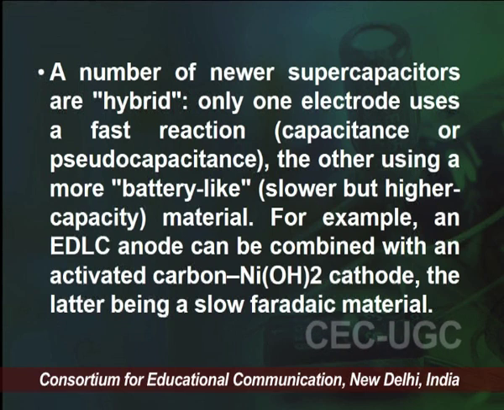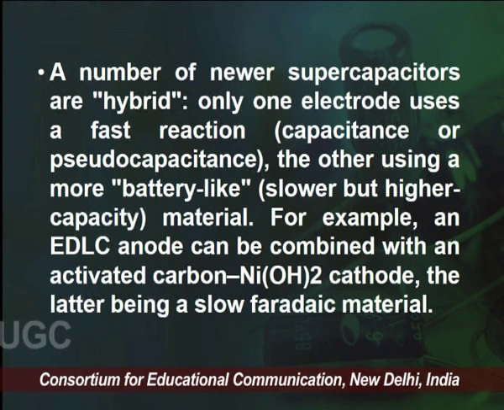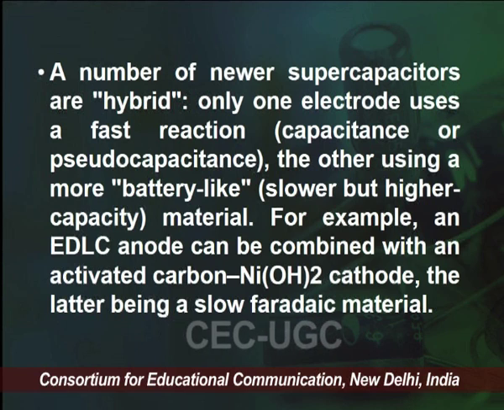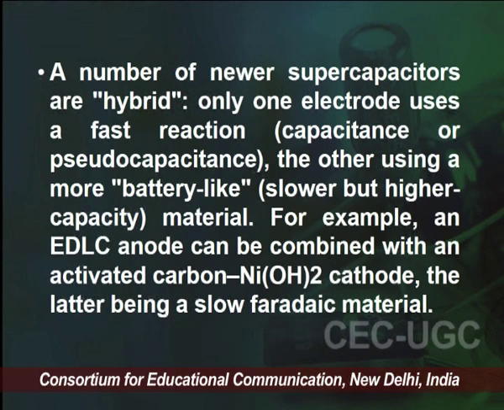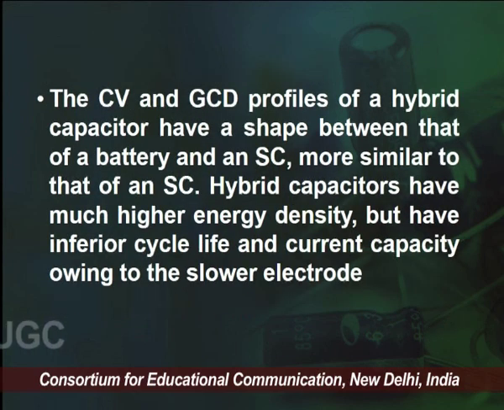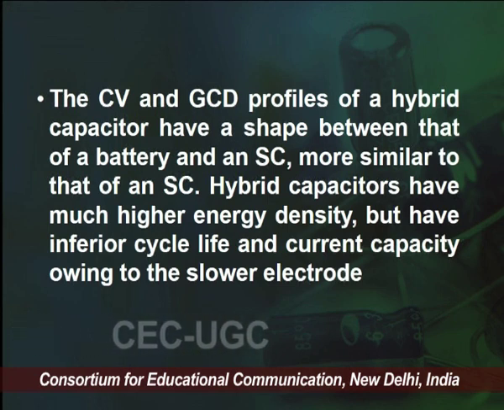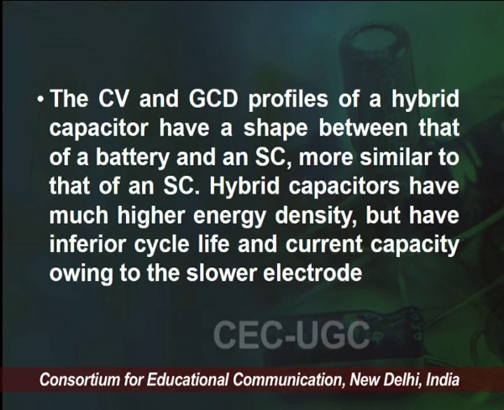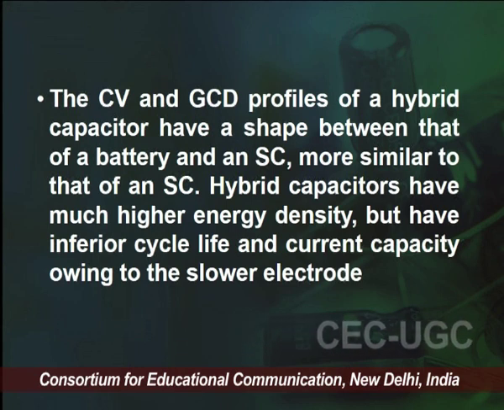For example, an EDLC anode can be combined with an activated carbon Ni(OH)2 cathode, the latter being a slow Faradic material. So, the CV and GCD profile of a hybrid capacitor have a shape between that of the battery and the supercapacitor, more similar to that of the supercapacitor.